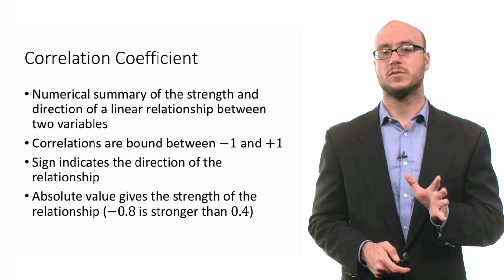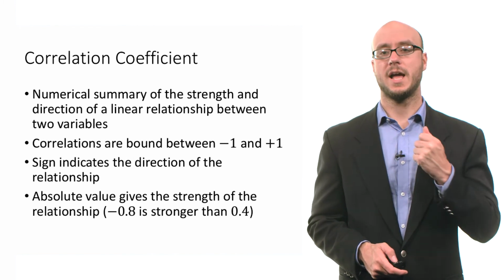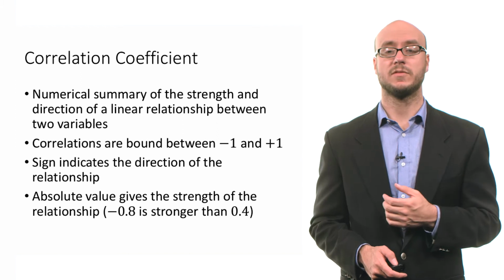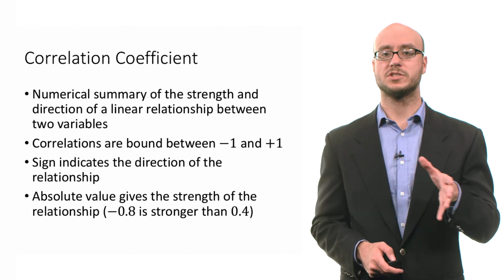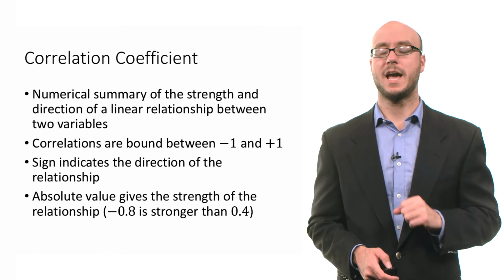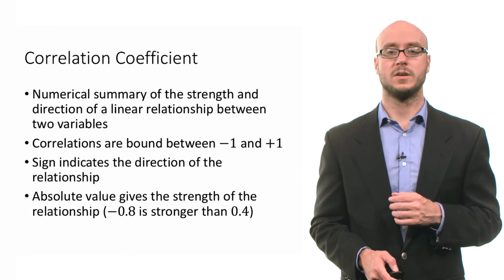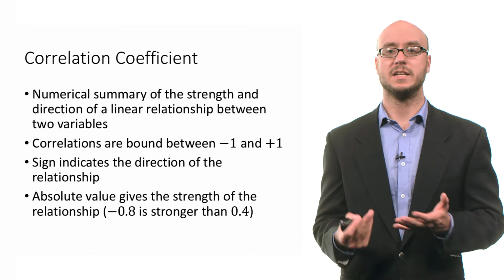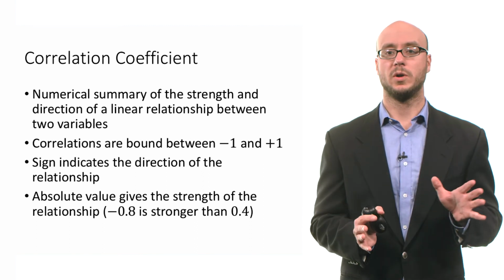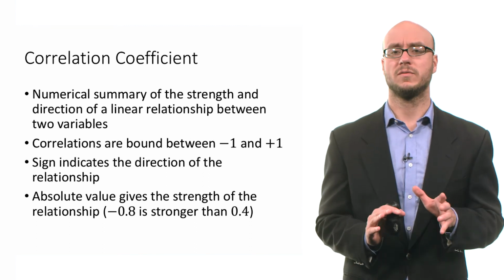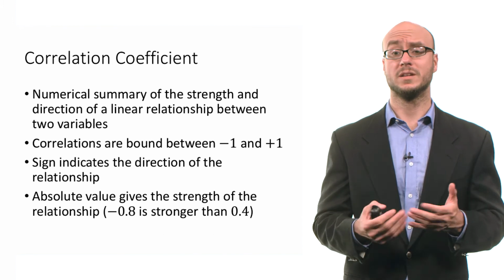It's a very useful measure, and it keeps the sign from covariance, but it also gives us the strength of the relationship. You just take the absolute value of the correlation, and we have an idea of the strength. So negative 0.8 is stronger than 0.4 because the absolute value of negative 0.8 is greater than that for 0.4.